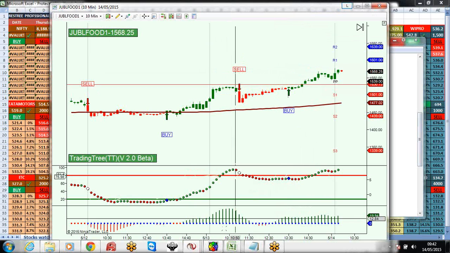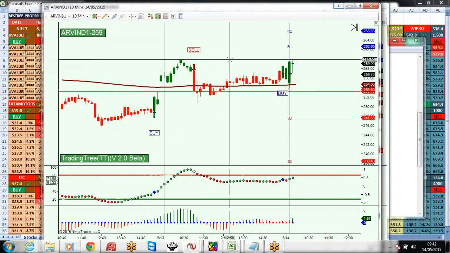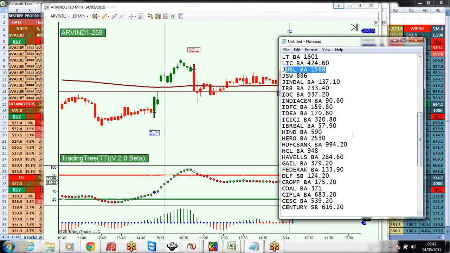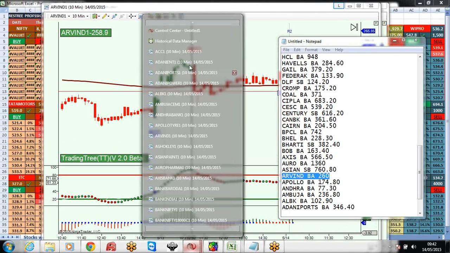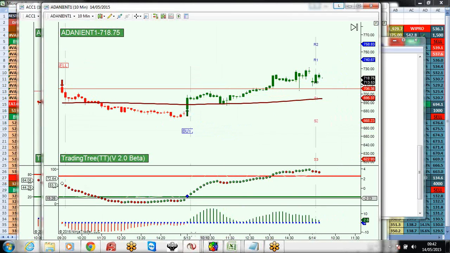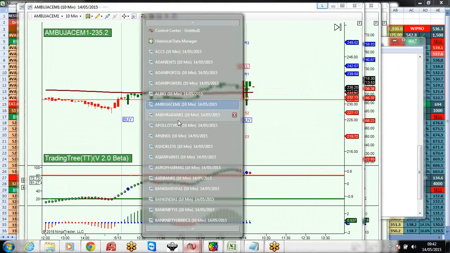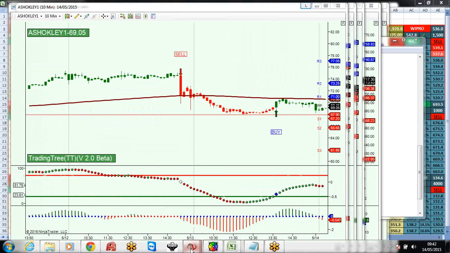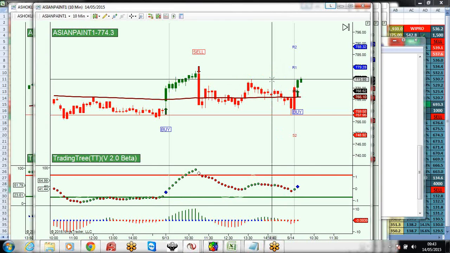That's the chart here. 259, 260 is the entry. So this is the entry for Asian Paint.